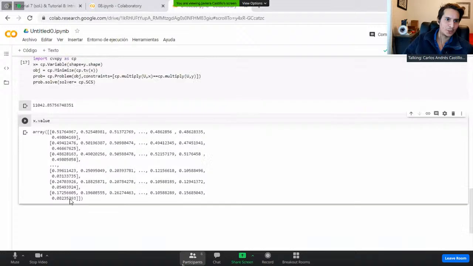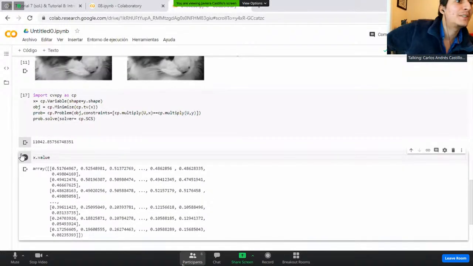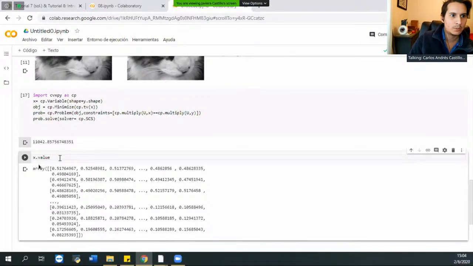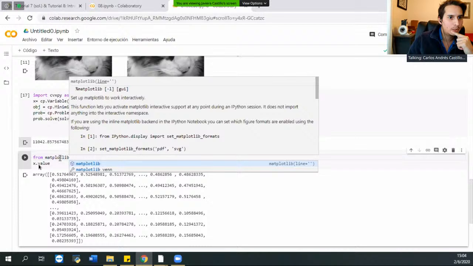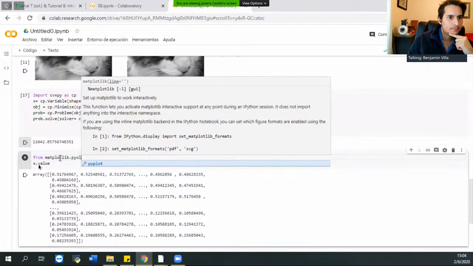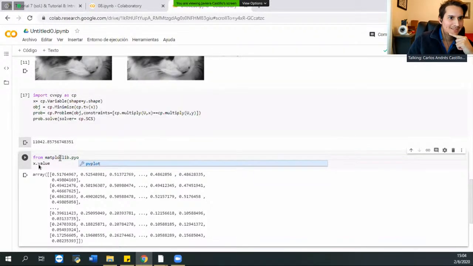Okay, so that's the solution, but you're not getting anything with that. So instead of just putting that, do from matplotlib.pyplot import imshow.